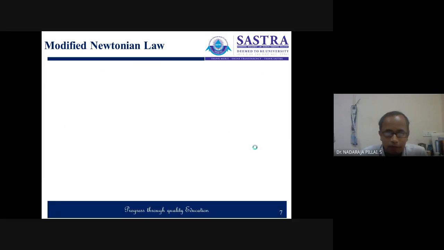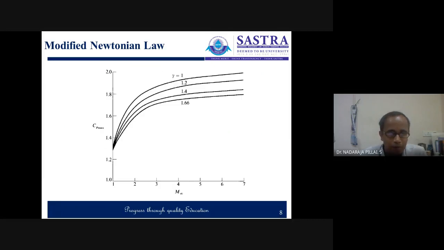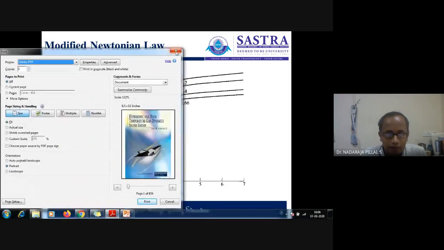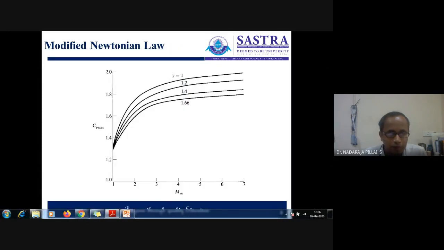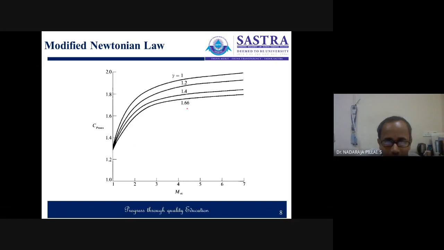So let us see this particular graph. We have the modified Newtonian law and a Cp max here, plotted for various Mach numbers and gamma: 1.66, 1.4, 1.2 and 1.